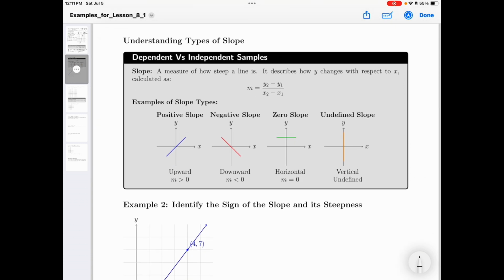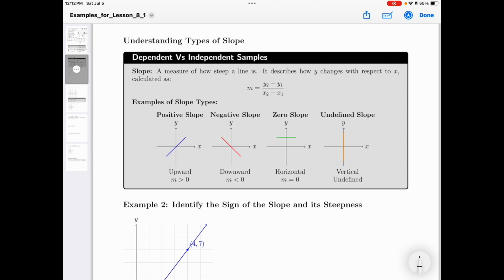Now, when we look at slope, we can have different kinds of slope that show the direction of the tilt of the line. The number of the slope tells us how steep the slope is, and the sign in front of it tells us if it's increasing or decreasing.